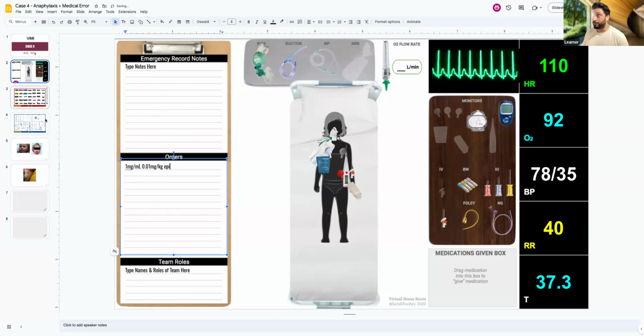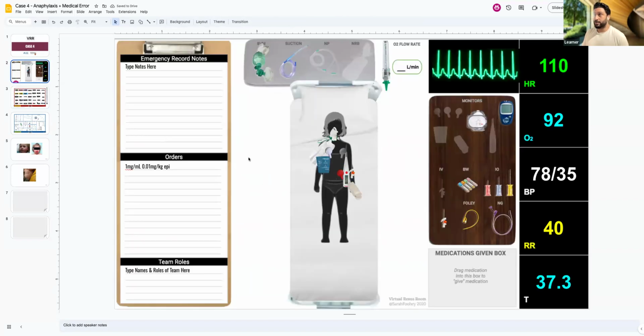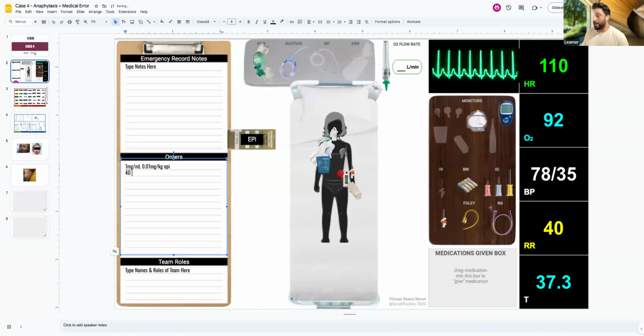And I would like 400 cc's of normal saline given as a push bolus. And then if we can start the patient on a Ventolin neb of 5 milligrams.